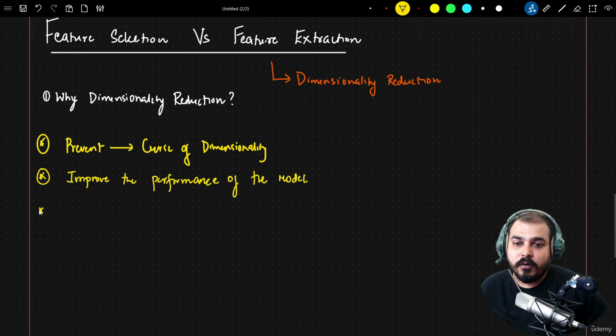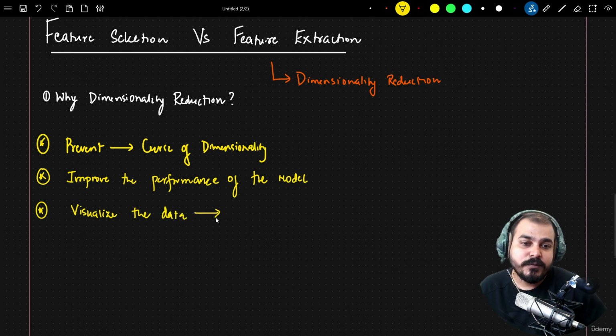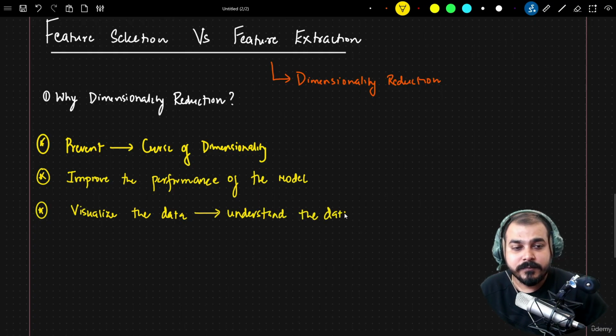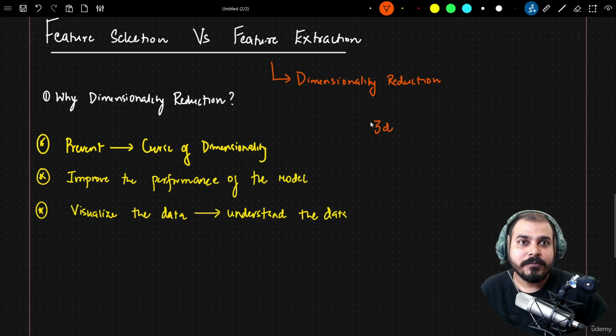The last point that we are going to discuss is super important: to visualize the data. And at the end of the day, once we are able to visualize, we will also be able to understand the data. Now you may be thinking what exactly this is. Guys, we human beings can, at the max, see in a 3-dimension way. We can visualize anything in 3D, right?